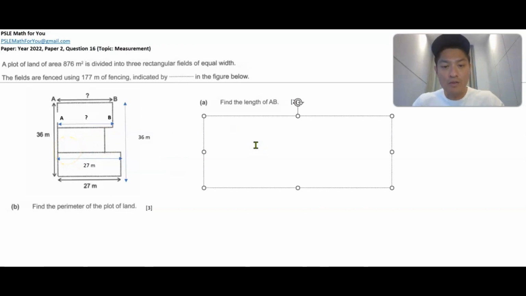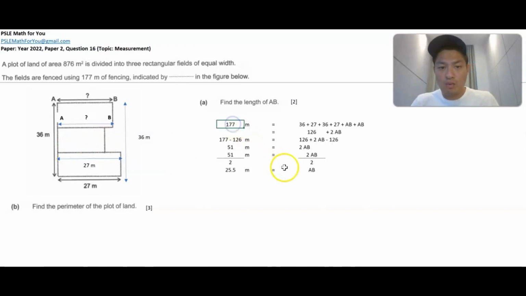I'm going to form an equation using this information. 177 meters equals this 36 plus this 27 plus this 36 plus this 27 plus 2 times AB. Adding these up, 126 plus 2 times AB.